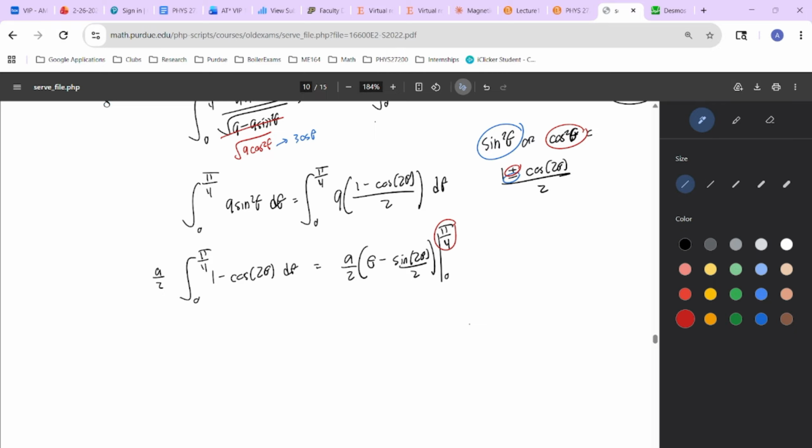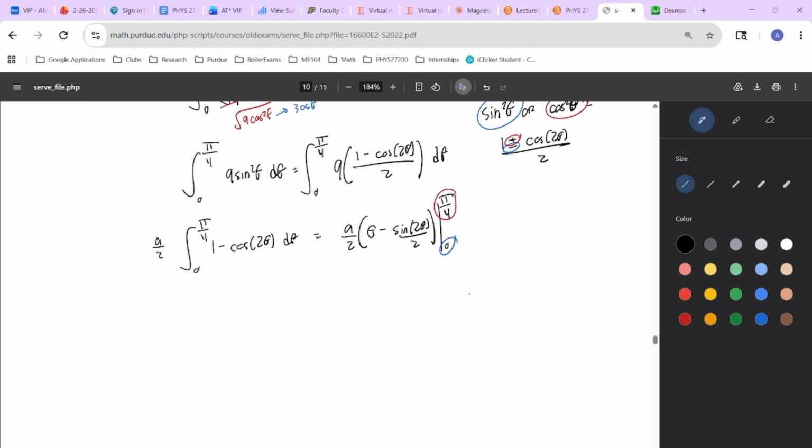I will highlight this to be in red and this to be in blue. We're going to write this out. This is 9/2 multiplied by pi over 4, substituting our theta, minus sine of pi over 2, and then minus, okay, I did not write that in red at all, so just imagine that I wrote it in red as the first evaluation.